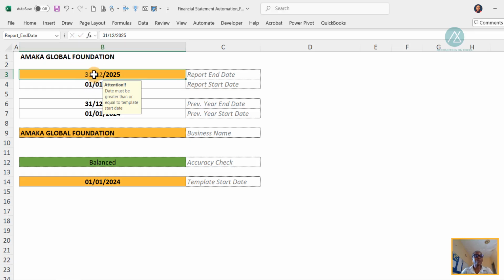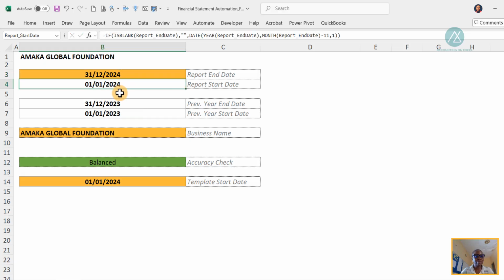So we want to generate the report as at 31st December 2025. So let's just leave it at 2024. If I put in 2024 here, you'll notice that the report start date automatically computes itself. And for the previous year, because this template will be giving you the previous year report and the current year report.